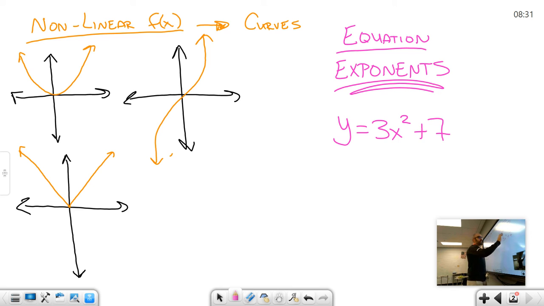Notice the exponent on the variable. This right here tells me, yes, this is nonlinear. That exponent alone lets me know this is nonlinear. So if I gave you an equation, as soon as you see an exponent on the variable, it's nonlinear. Or if I give you a graph, as soon as you see a curve or a change of direction, it's nonlinear.